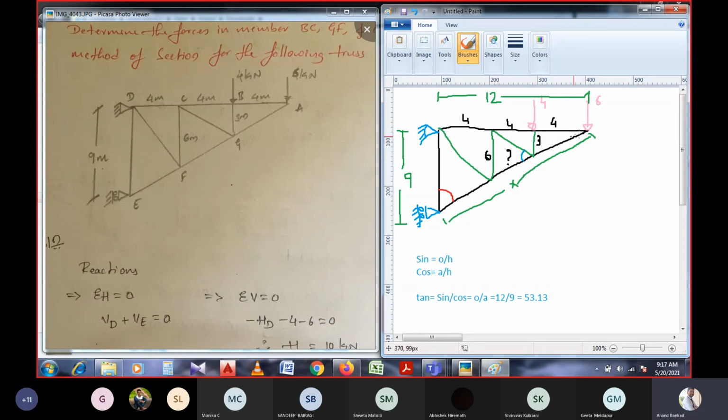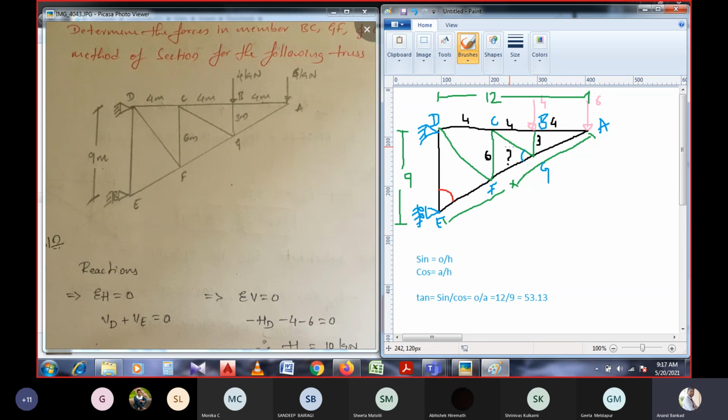For example, if you want to resolve for, say, A, B, C and D, and here it is G. If you want to calculate for member GC, you need to resolve that member GC to horizontal as well as vertical.